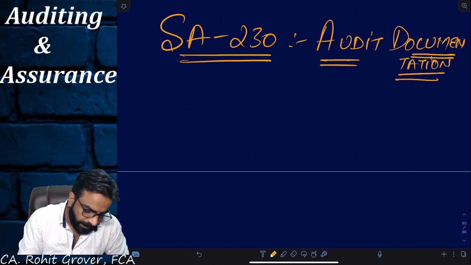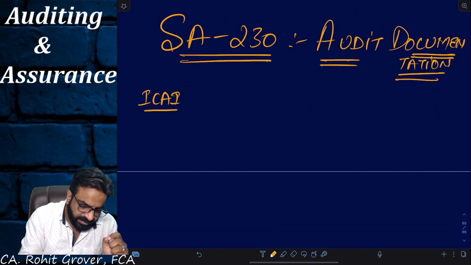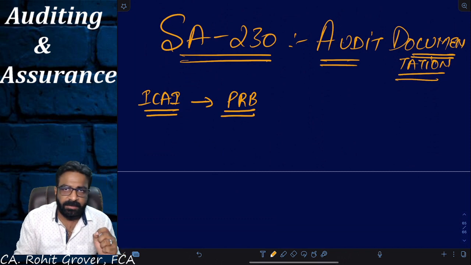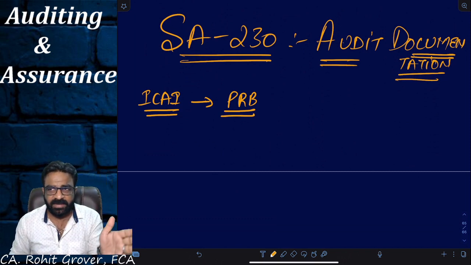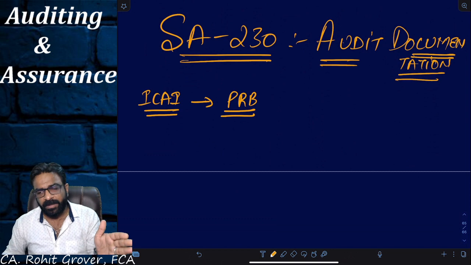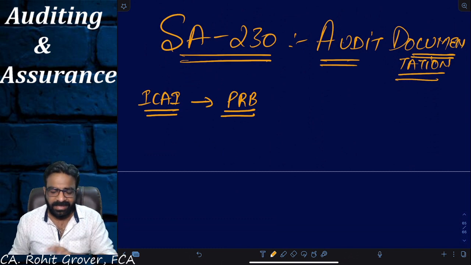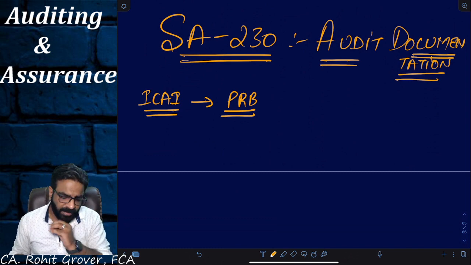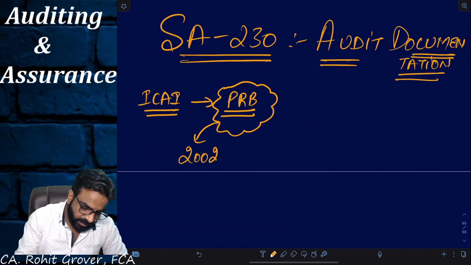Now, see, in ICAI there is one board called the peer review board. The name of the board is known as peer review board. Actually, this is your CA final topic, but it is very much necessary that I should tell you here itself. What do you mean by peer review board? This peer review board was constituted by ICAI back in the year 2002.